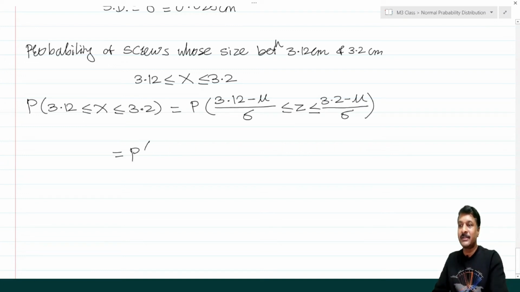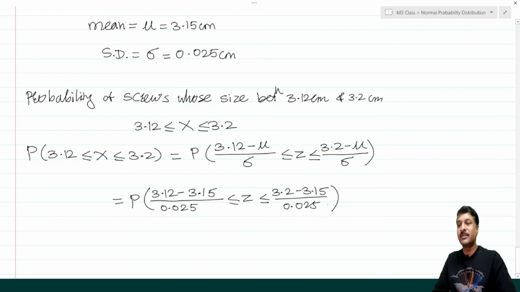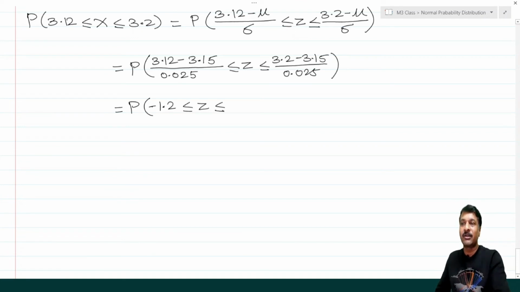So I am getting probability of 3.12 minus 3.15 upon 0.025, less than or equal to z less than or equal to 3.2 minus 3.15 upon 0.025. So by calculator you find this value. So I am getting that is equal to probability of minus 1.2 less than or equal to z less than or equal to 2.